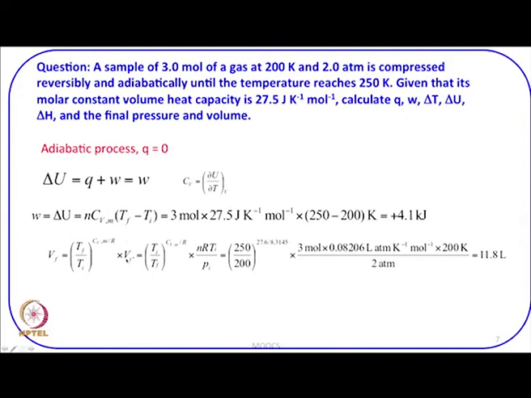Vi can be calculated from nRTi by Pi, because this is an ideal gas. And once we substitute all the numbers with a suitable value of R in liter atmosphere per Kelvin per mole, the volume comes out to be 11.8 liter. This is the final volume.